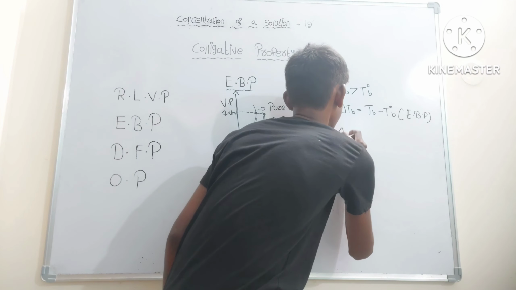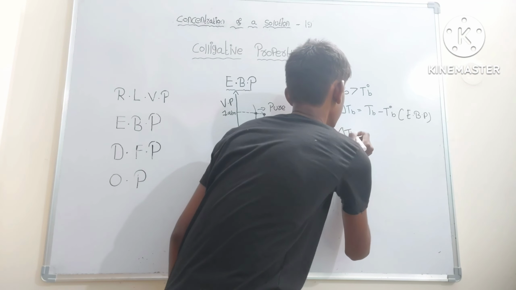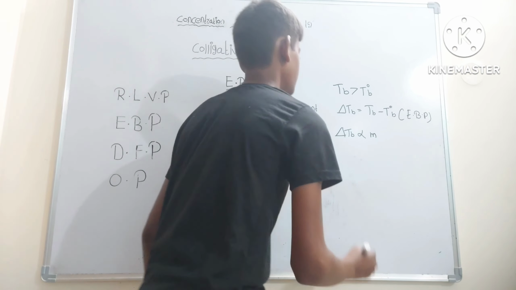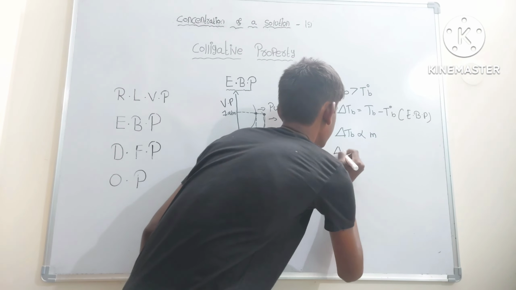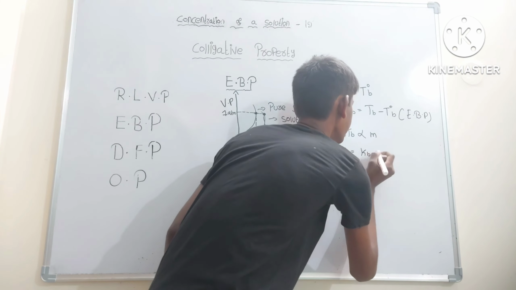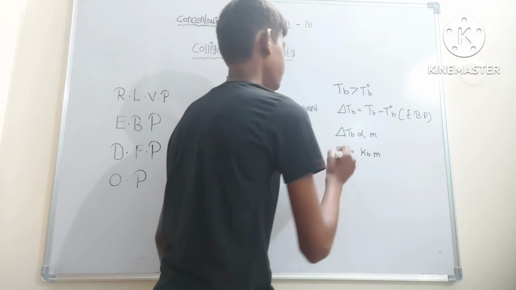And delta TB is directly proportional to molality.